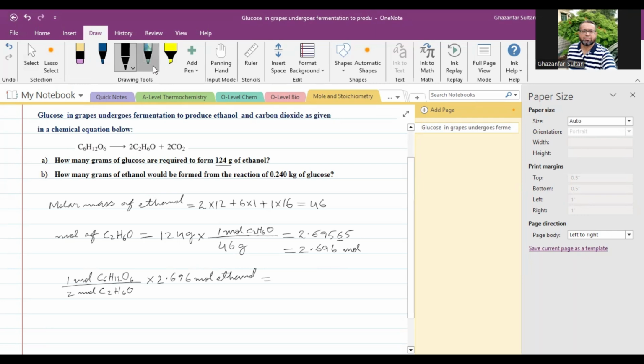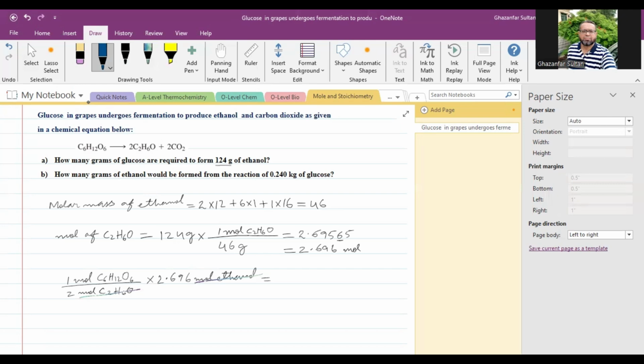So see, moles of ethanol are cancelled, and calculate the remaining quantity, multiplied by 1 and divided by 2.